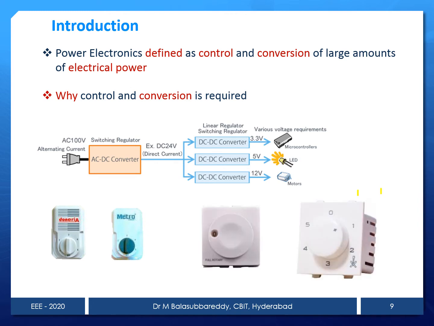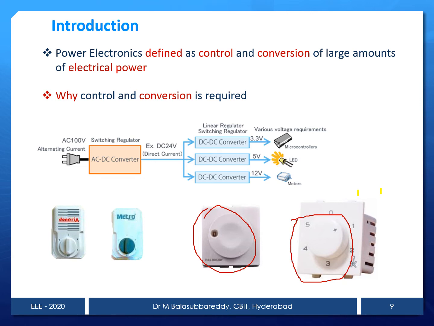Now you can see there is a power electronics regulator, that is the AC voltage controller. We can observe this diagram. With any of these, we can control the speed smoothly, and in some cases, if you want, we can also get it in a step fashion, depending on the requirement.